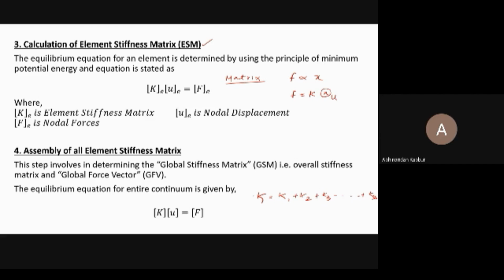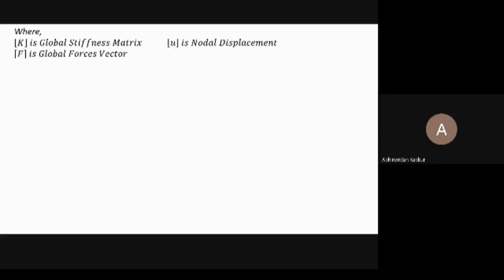So this is what we call the global stiffness matrix, denoted by capital K, where U is, once again, the displacement at the different nodes in the body, and F is the force applied to the entire body. Wherever the force is applied, I need to consider that.